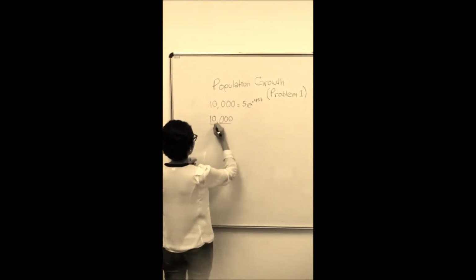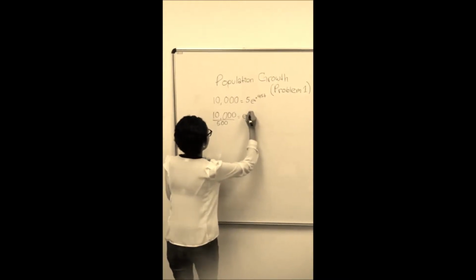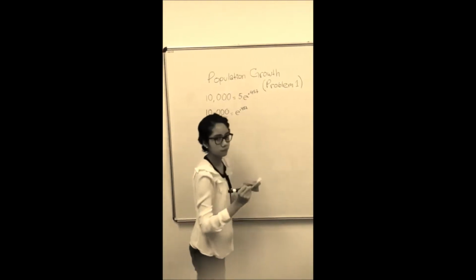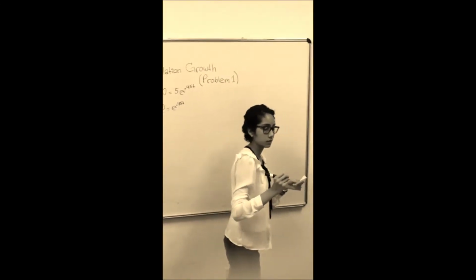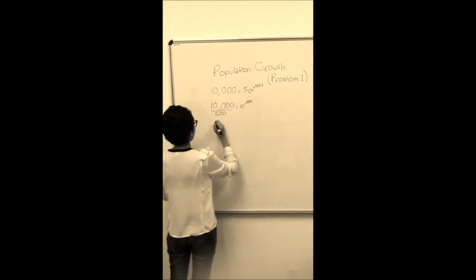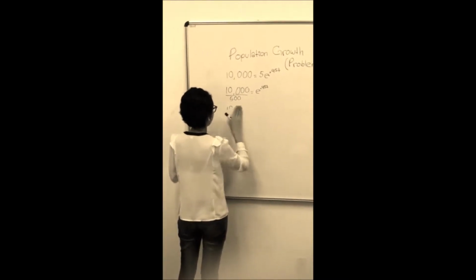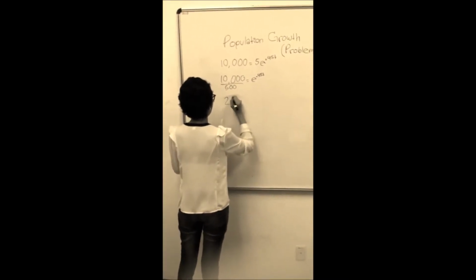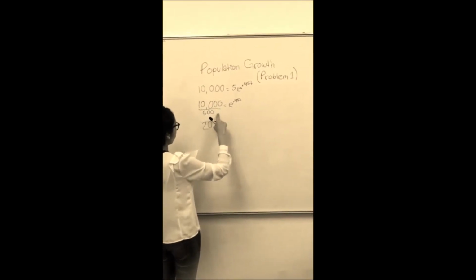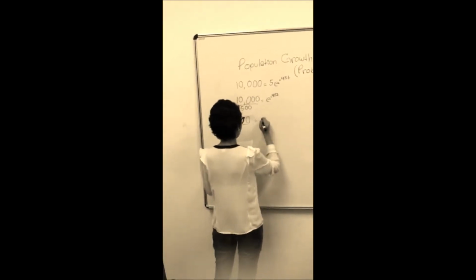We pass 500 dividing to the other side, and the equal is e to the 0.45t. Then we simplify, we divide 10,000 over 500, and the result will be 20 equal to e to the 0.45t.